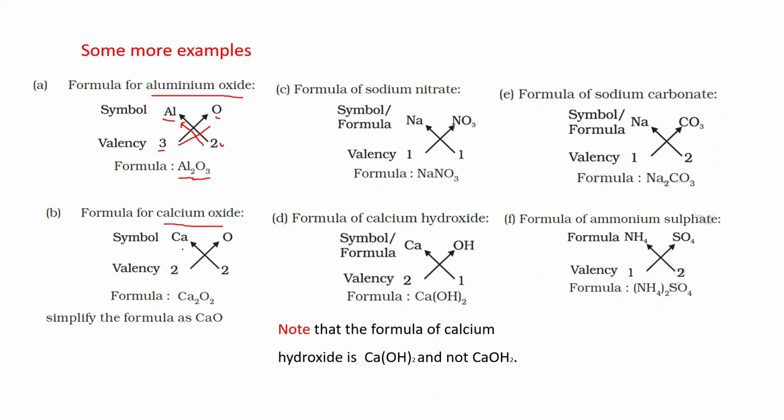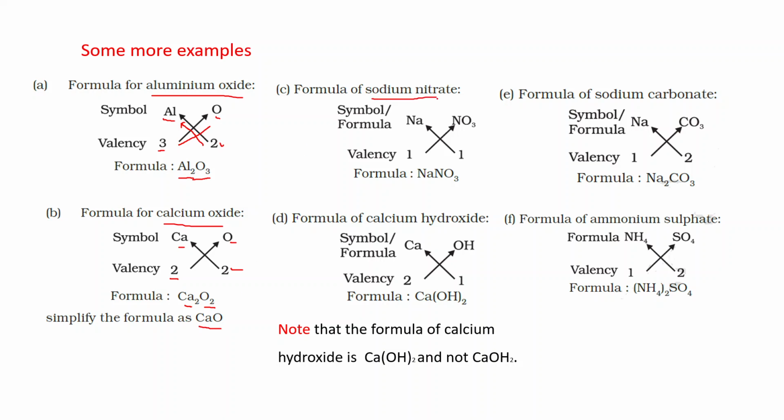Calcium oxide, Ca, valency is 2, oxide O, valency is 2. We can write Ca2O2, but convert it into the simplest ratio. 2 to 2, the simplest ratio is 1:1, and as we know, 1 is not written. That's why its formula is CaO.